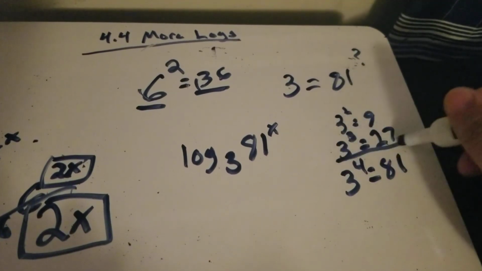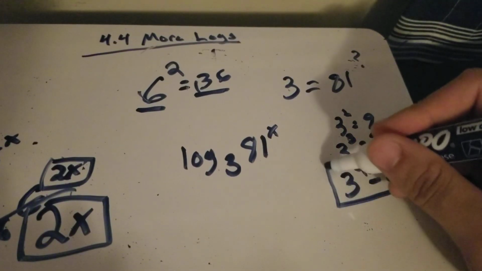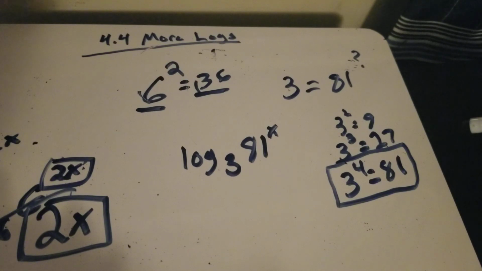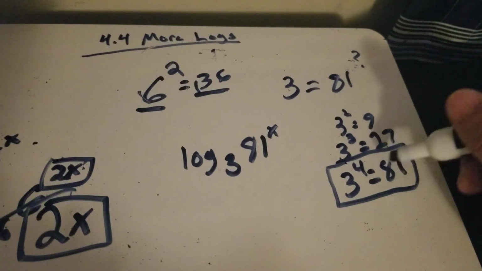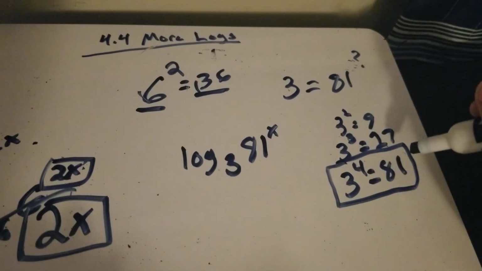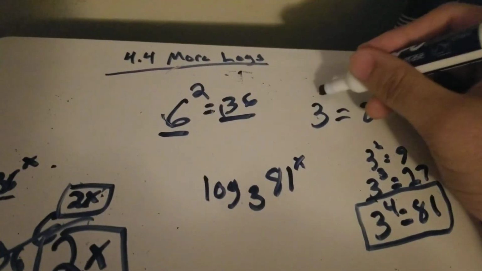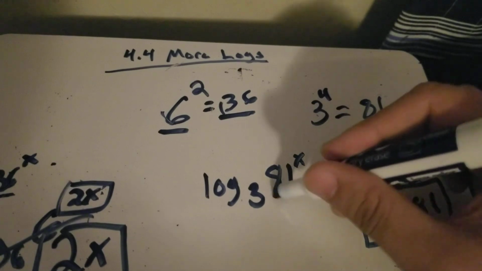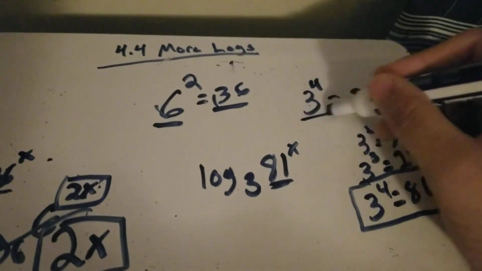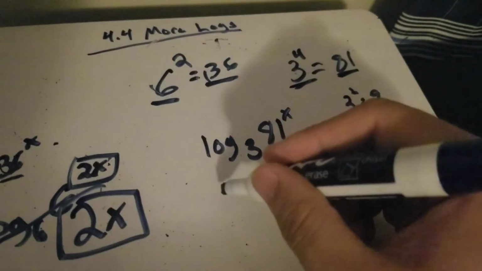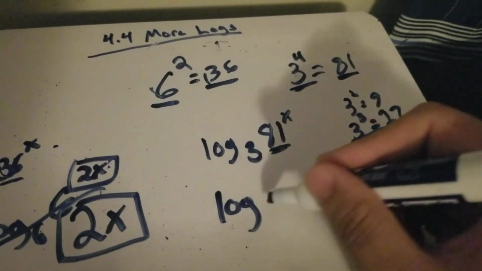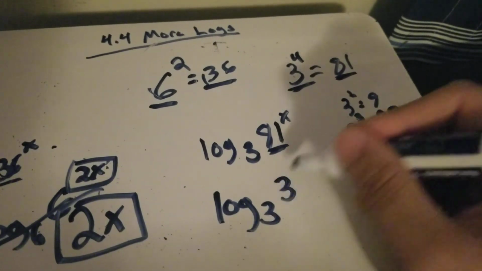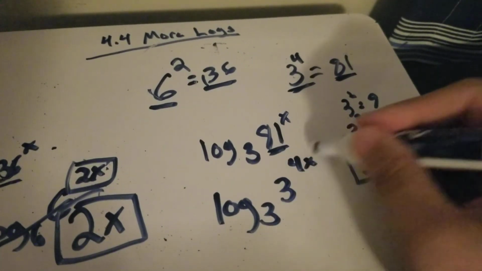Hey, wait a second. That's a special relationship they have between each other. So 3 to the 4th power equals 81. If 3 to the 4th power equals 81, I can replace this 81 with 3 to the 4th power. So I'm going to rewrite this as log base 3 of 3 to the 4, and don't forget Mr. X over here.